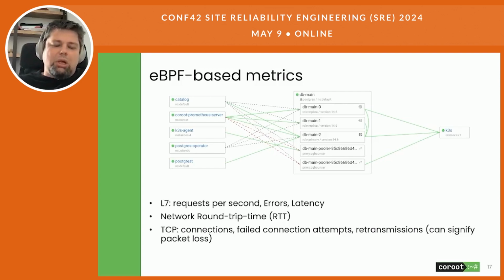And we know about each of those connections. We know the number of requests, the number of errors, the latency of application level requests. We know how the network performs between any instances. We know network round trip time. And we also know connection level metrics such as the number of connections, the number of failed connections, and the number of TCP retransmissions.